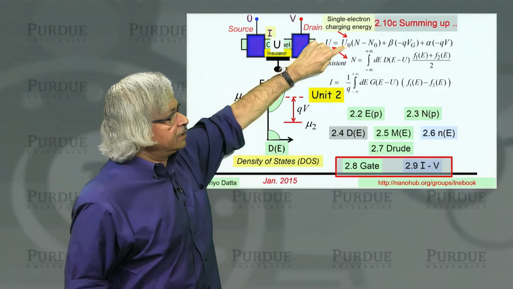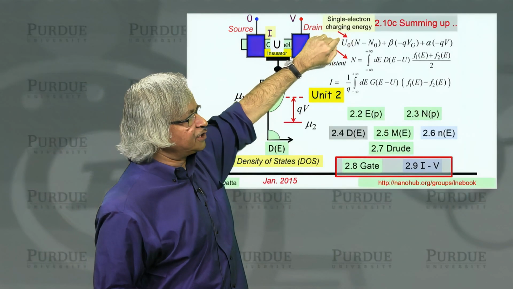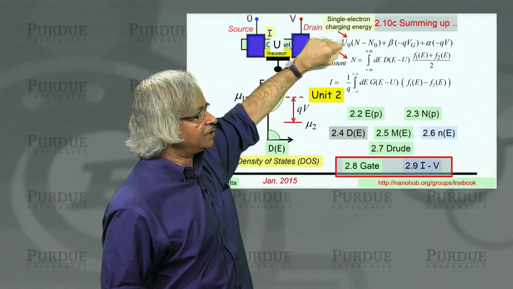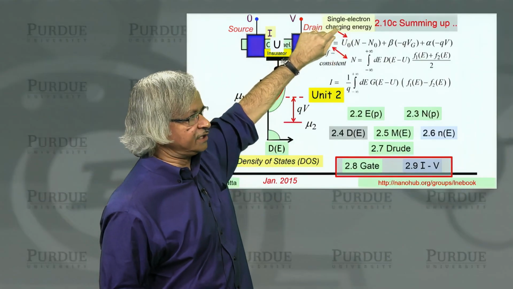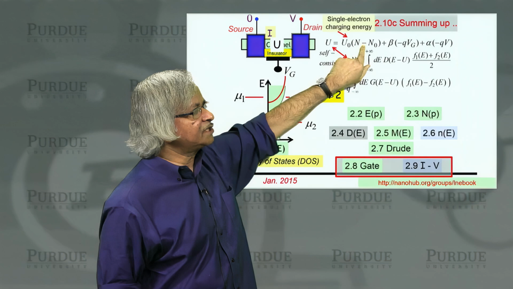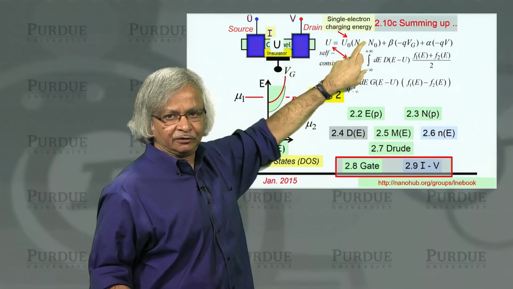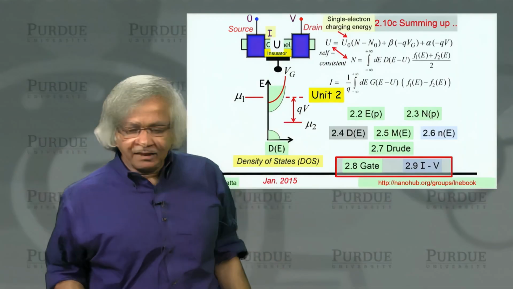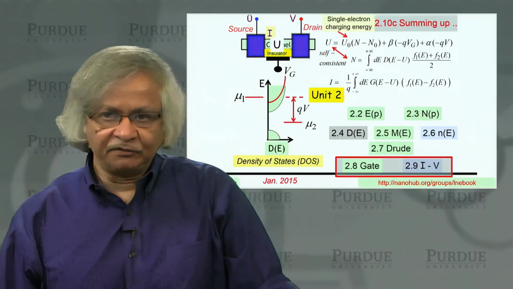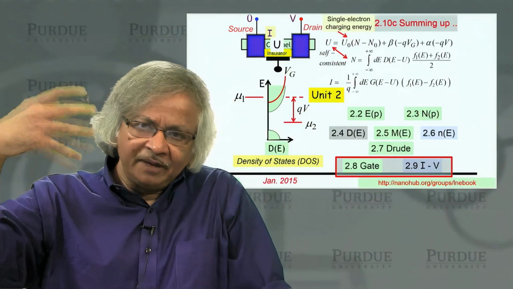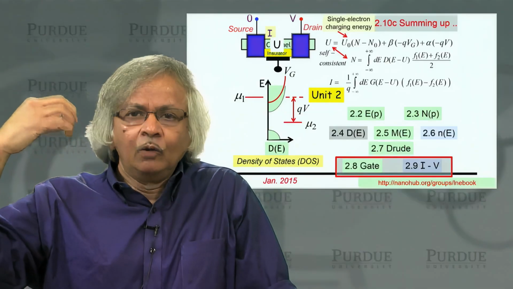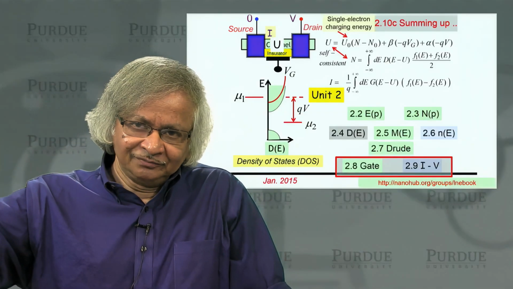Now, one important parameter we introduced here is this U0, which is what's often called the single electron charging energy. That is, it tells you how much the potential energy changes if we add one electron. Now, usually in big devices, one electron doesn't make much of a difference. You know, if you add one electron, maybe the potential will change by 1 microelectron volt.